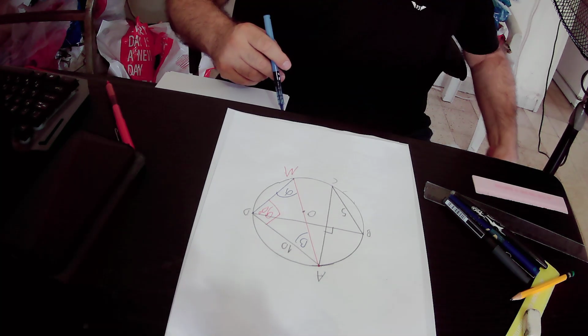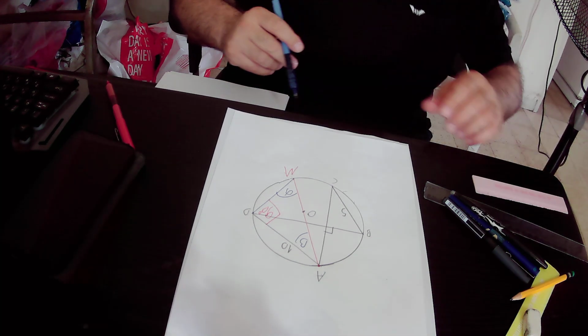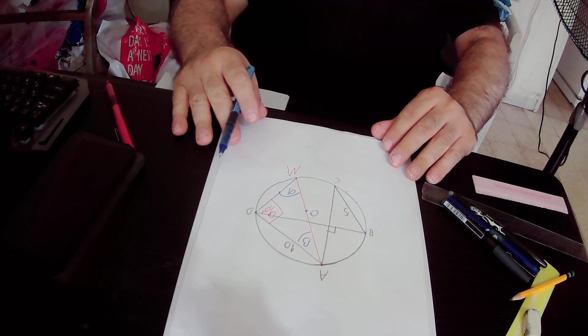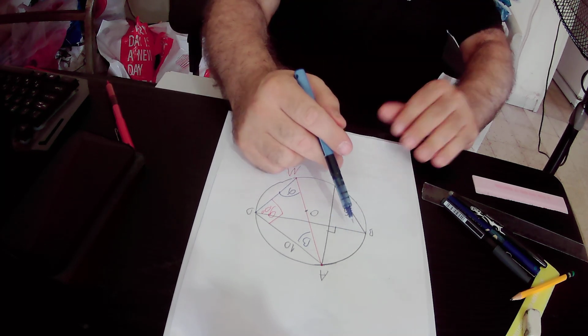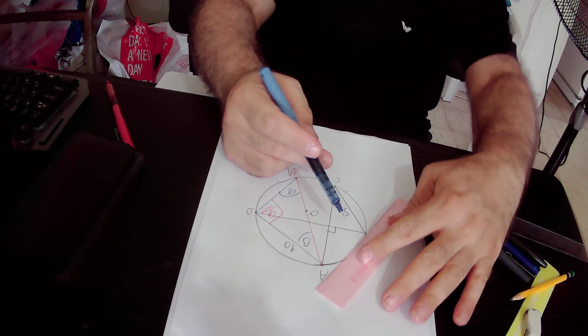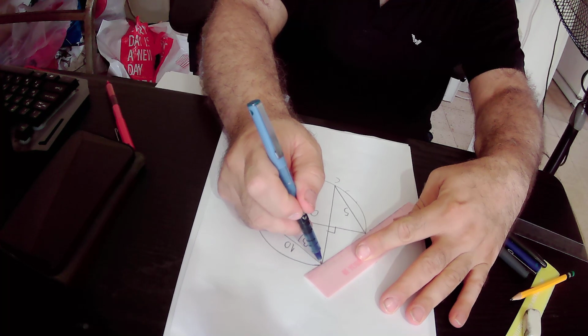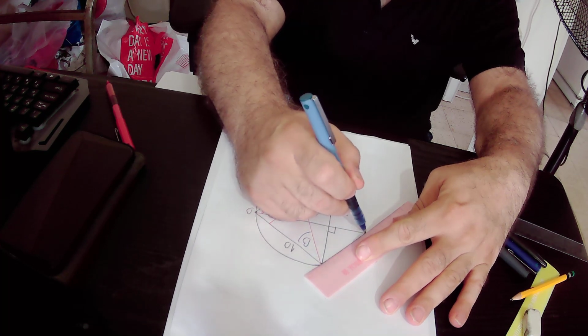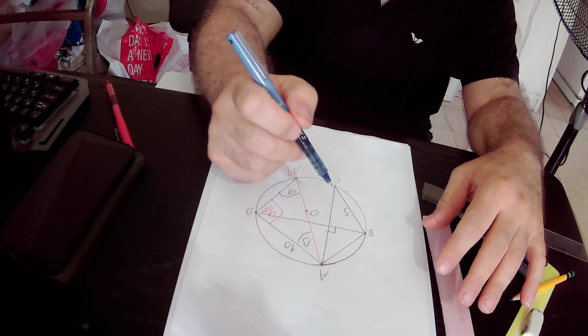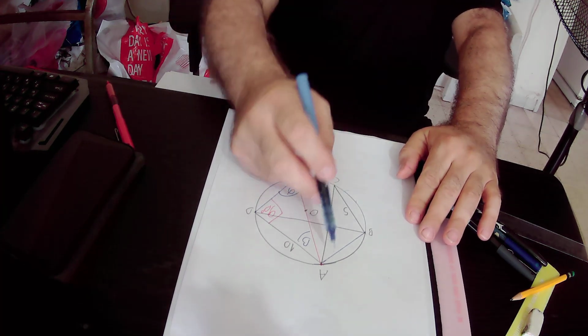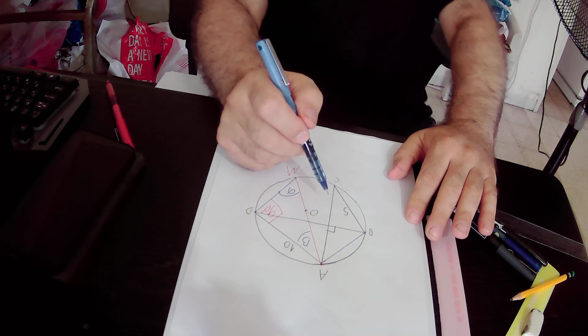In the next step, we will connect together points A and B by a straight line. We connected together points A and B by a straight line.